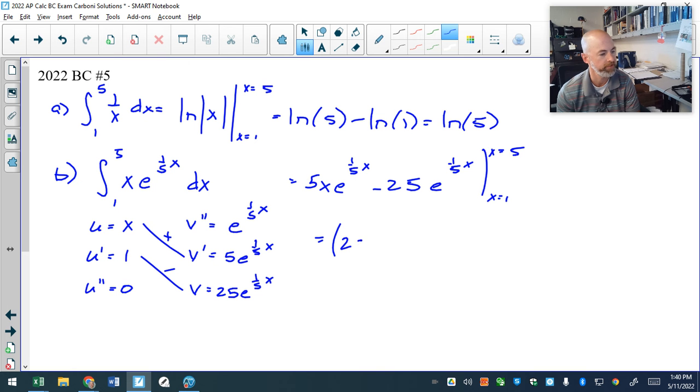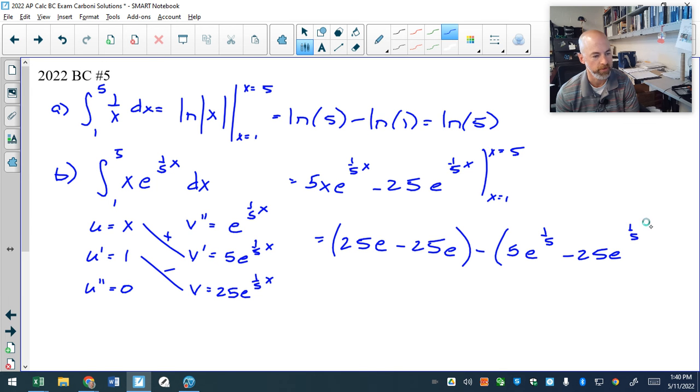I think that's 25. I feel pretty safe in doing that. e to the 1/5 of 5 would just be e to the 1 minus 25 e to the 1/5 of 5, which is e to the 1. Ooh, that's 0. Minus, plug in 1. 5 times 1 is 5. e to the 1/5 of 1, minus 25 e to the 1/5.